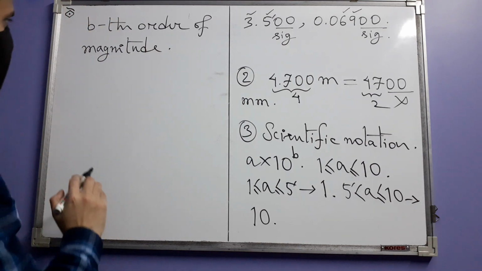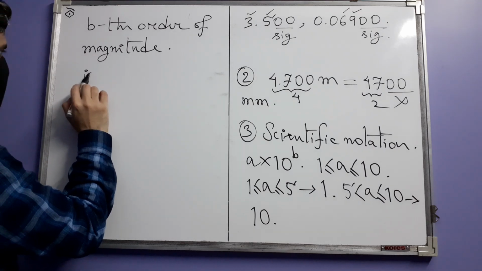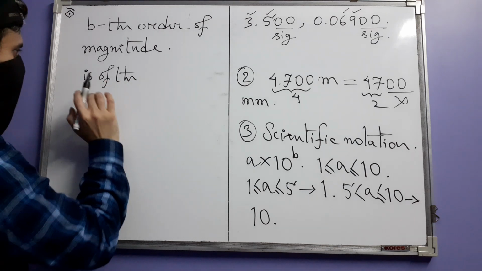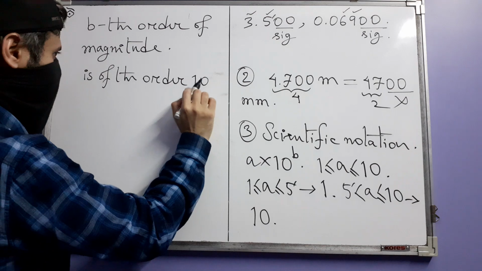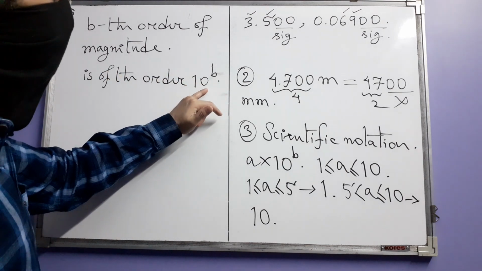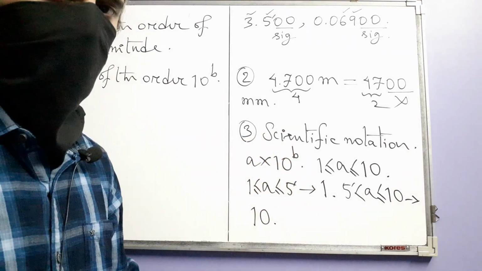And we say that the measurement is of the order 10 to the power b. What this tells you is a rough estimate of what the actual measurement is.